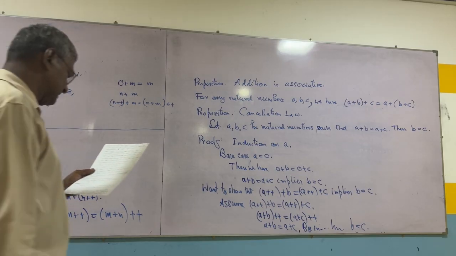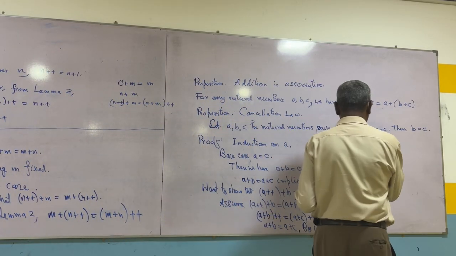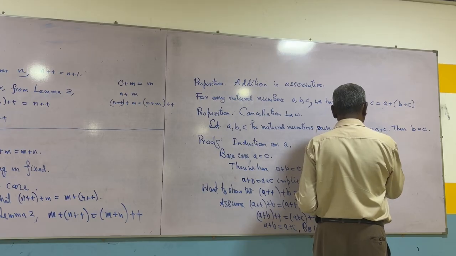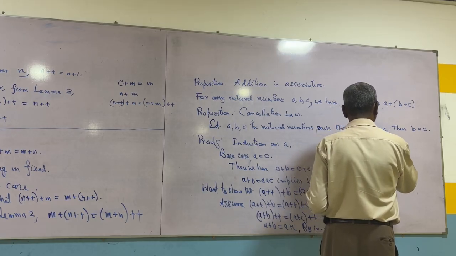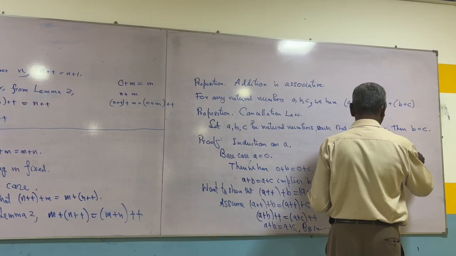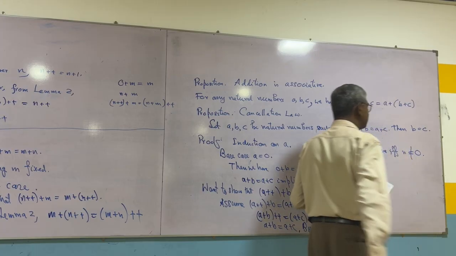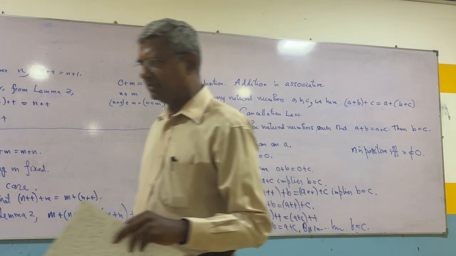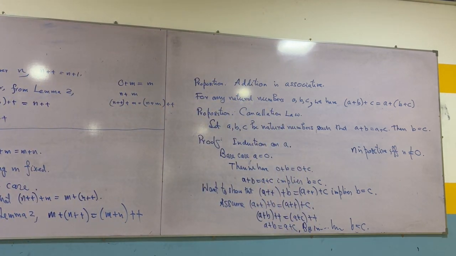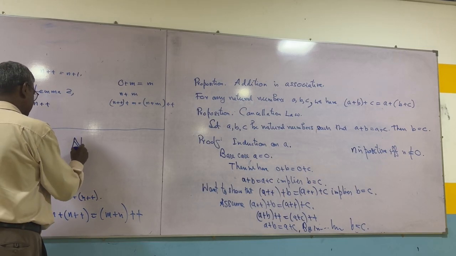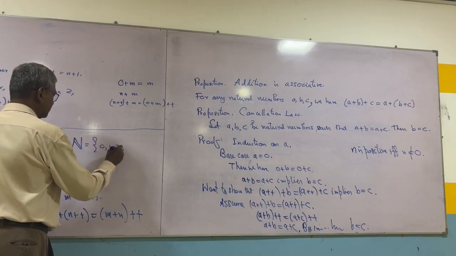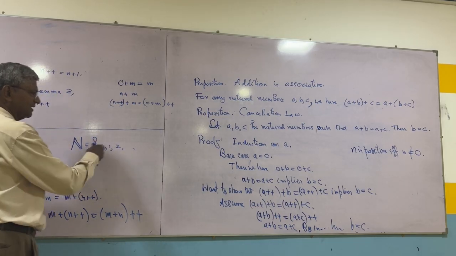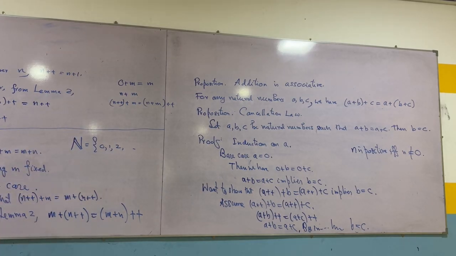A natural number n is said to be positive if and only if n is not zero. That is his definition of n being positive. So according to his set, it is trivial. His set is 0, 1, 2, etc. Except 0, other numbers are positive.